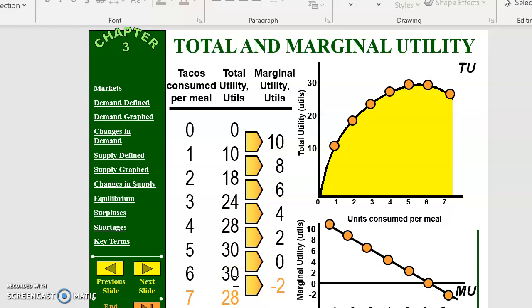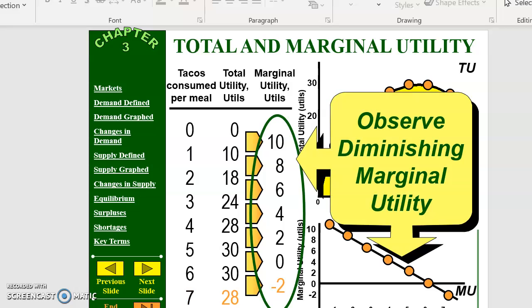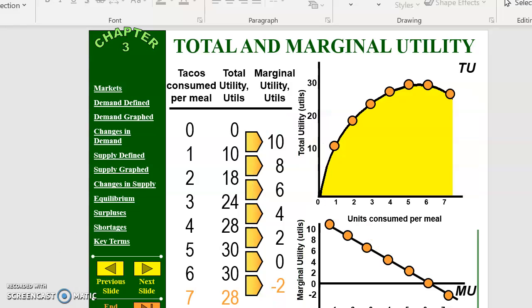And we're going to have to take a look at that relative to the price when we look at the price per unit. But we'd never go to the 7th taco, at least rationally, because that would take away from our total utility. Okay, there's our diminishing utility. Also notice this. As soon as our marginal utility goes negative, our total utility will decrease. I think of that in terms of taking a withdrawal from your bank account.